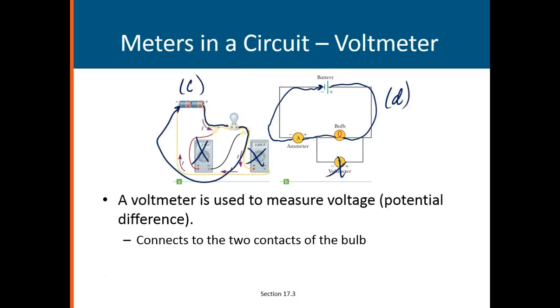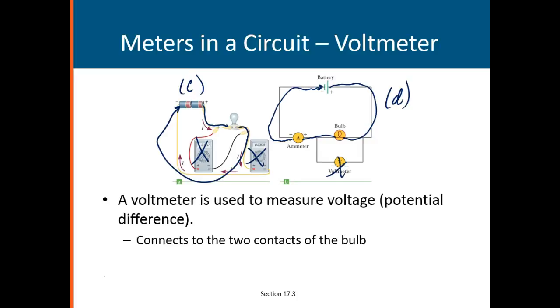How about C? Yes, C certainly will light. You go from the positive side of the battery, the current flows to the bulb, from the negative side of the bulb back to the negative side of the battery. How about D? Yes, all you've done is put an ammeter in the circuit, which is fine.